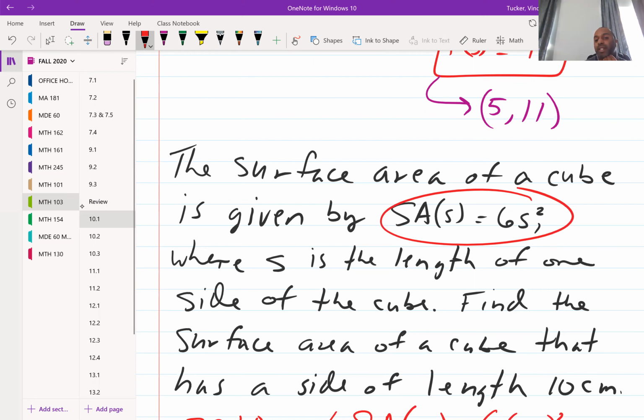So SA of S is equal to 6S squared, where S is the length of one side of the cube. Find the surface area of the cube that has a side length of 10 centimeters. I'll let you write that down before we do that.